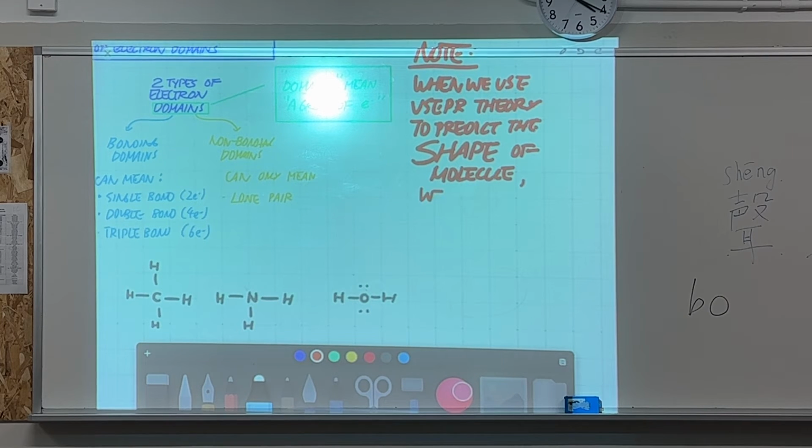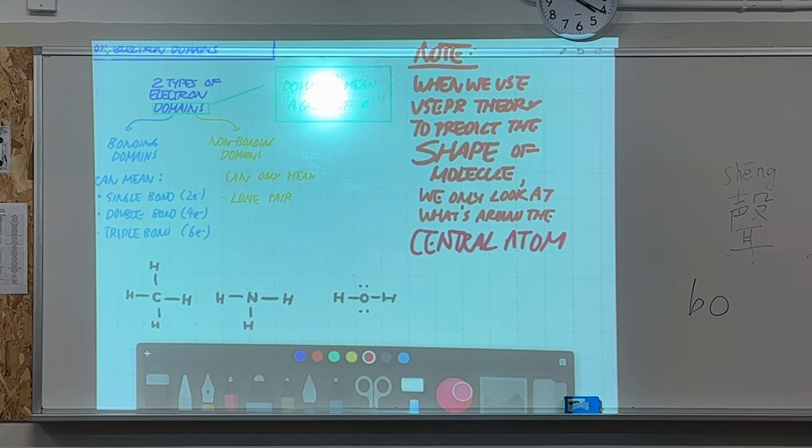So we only look at what's around the central atom. This is extremely important. From now on, I will mark the central atom in red so you can see it clearly. So this is the central atom. Central atom, central atom.